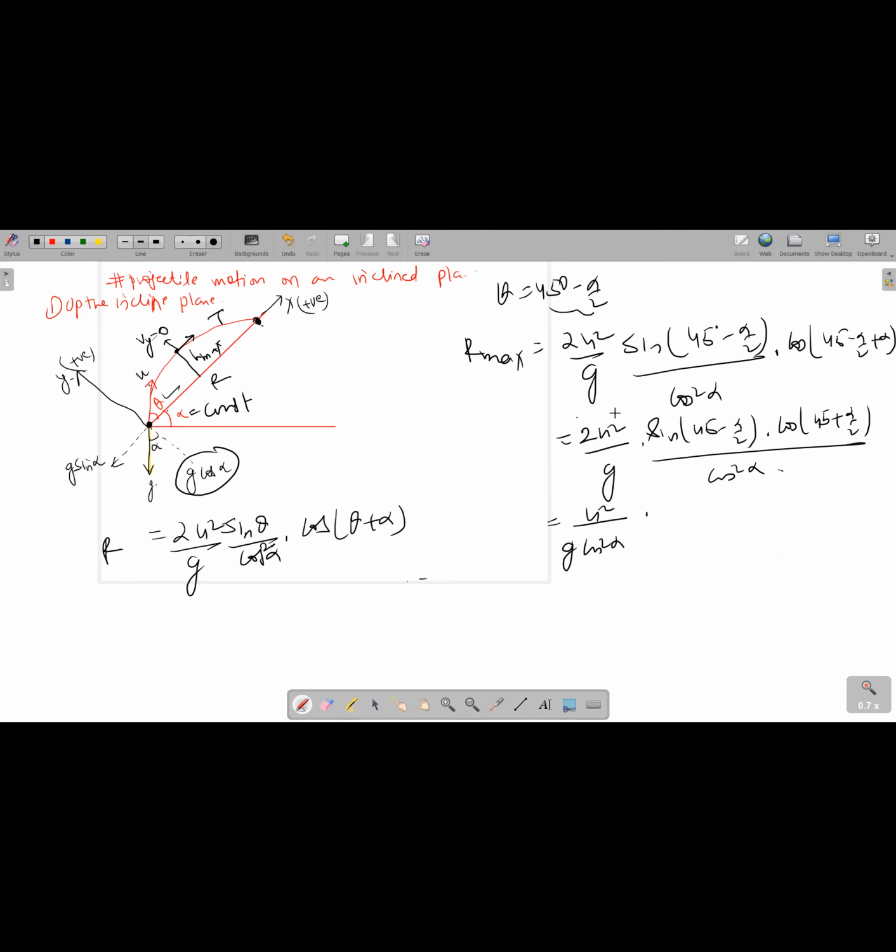So see, this is 2 sine A cos B. What is the formula of 2 sine A cos B?